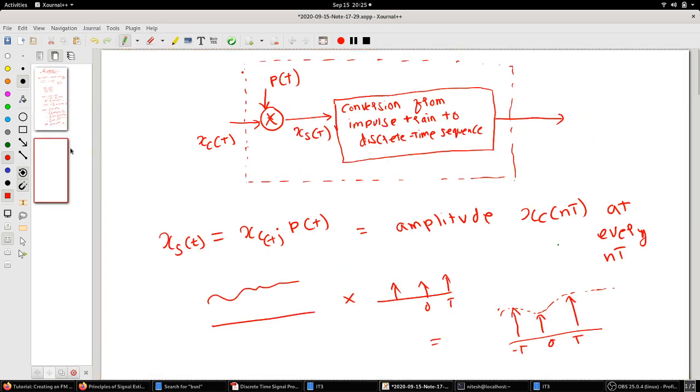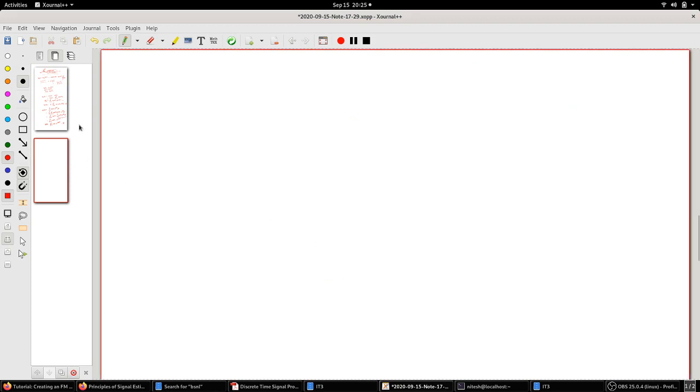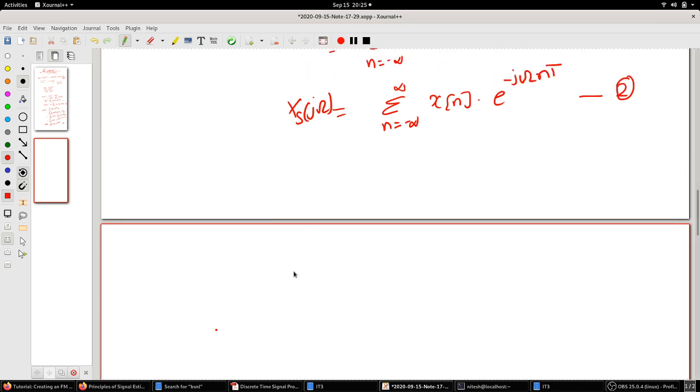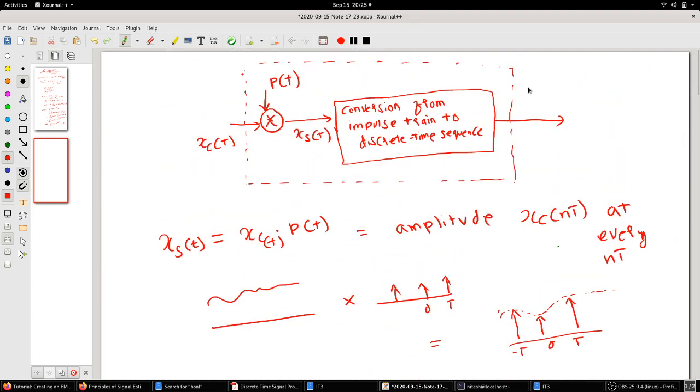Insert page after. Okay, so what you have here is this. I know that x of n is existing here, right? This is x of n.